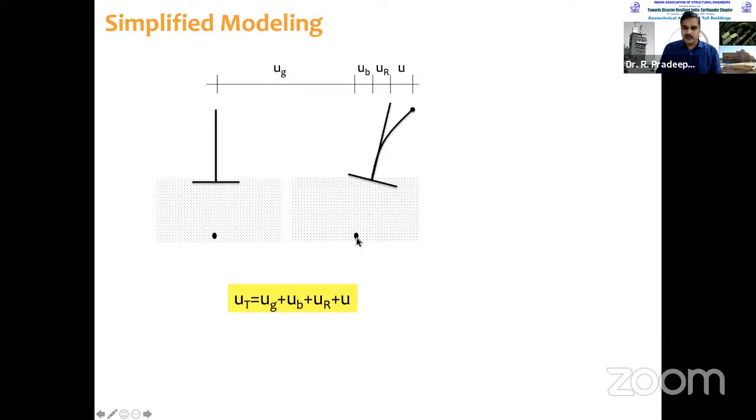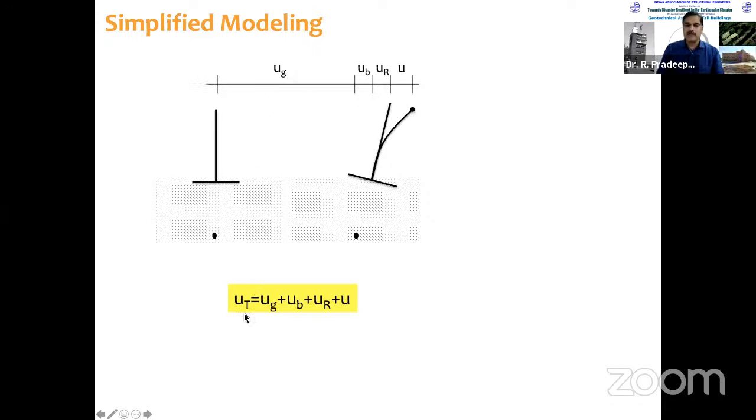Relative to this dot, the structure was directly below the dot, and now you can see the structure has moved from the dot line. That means this is the movement of the base. Then because of the soil condition, the building is rocking, so there is some displacement due to rocking also. And then the deformation of the building itself.